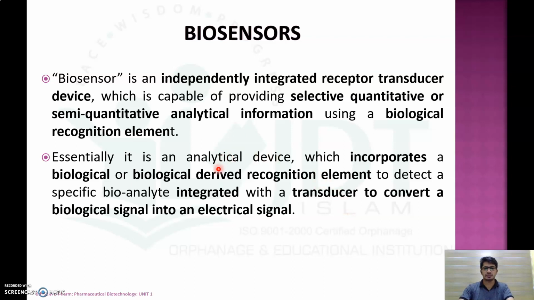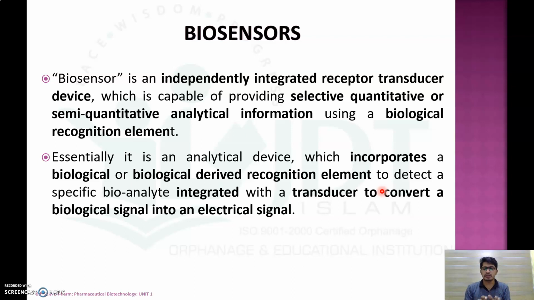It is essentially an analytical device which incorporates biological or biologically derived recognition elements to detect a specific bioanalyte, integrated with a transducer to convert a biological signal to an electrical signal.